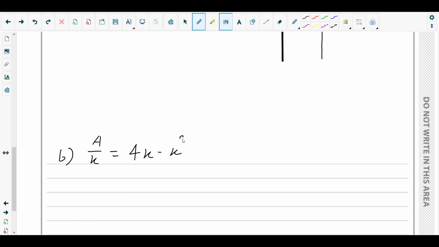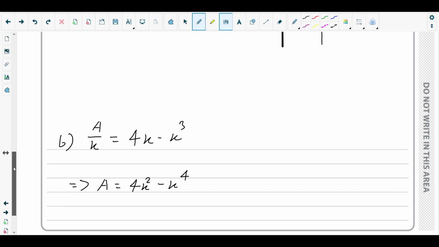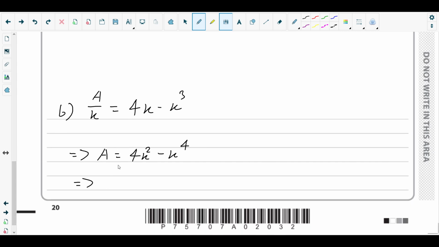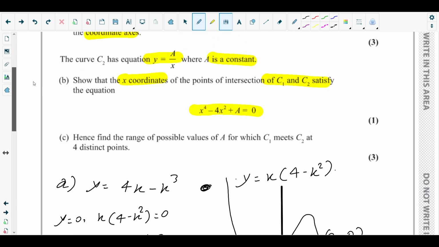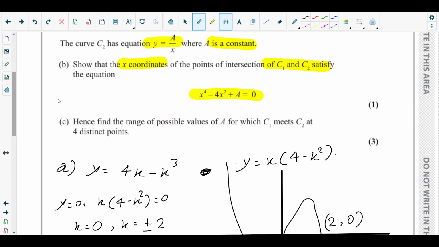Multiply both sides by x, and you will get a equals 4x squared minus x to the power 4. Take all of the terms to the same side, and you will get x to the power 4 minus 4x squared plus a equals 0. That's what the question wanted. Done.